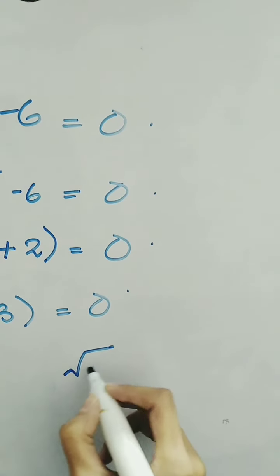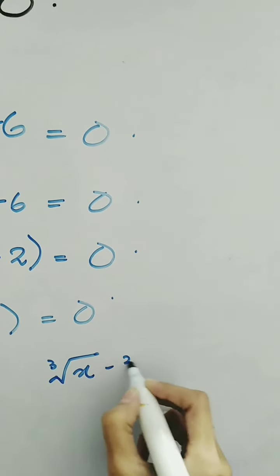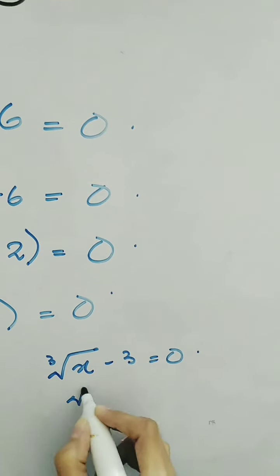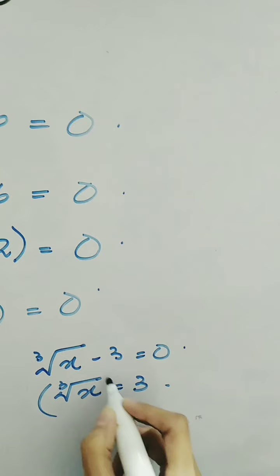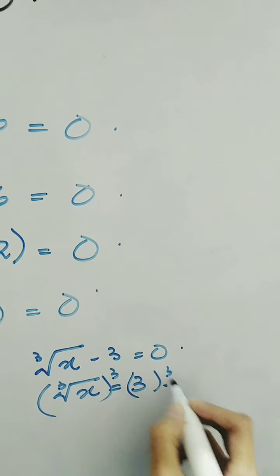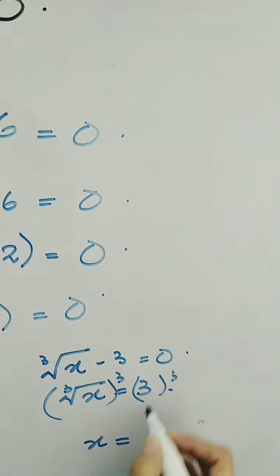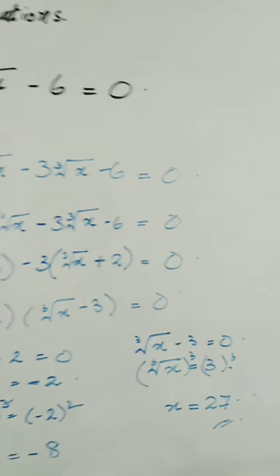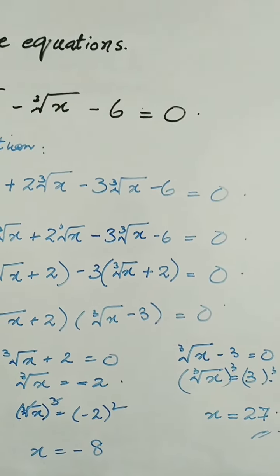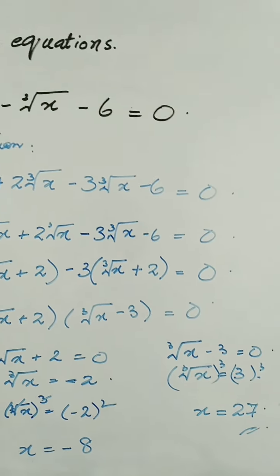Now we have cube root x minus 3 is equal to 0, or cube root x is equal to 3, and once we take the cube on both sides, we will have x is equal to 27. So these are the two values of x, which are minus 8 and 27.